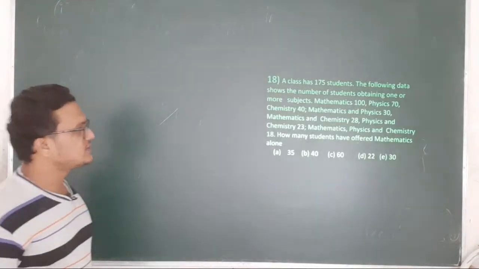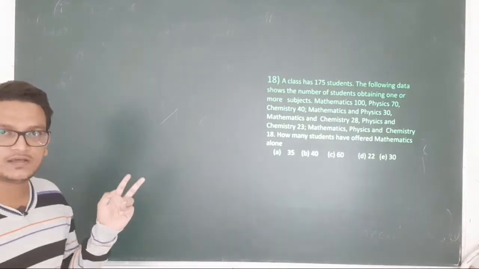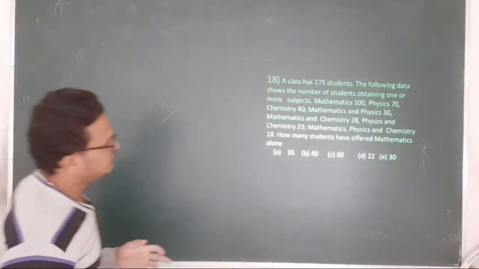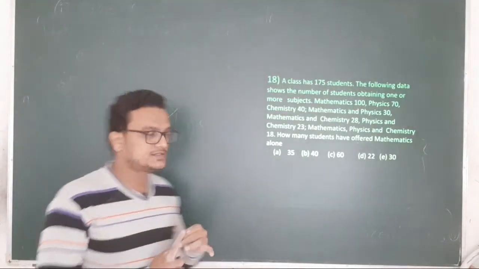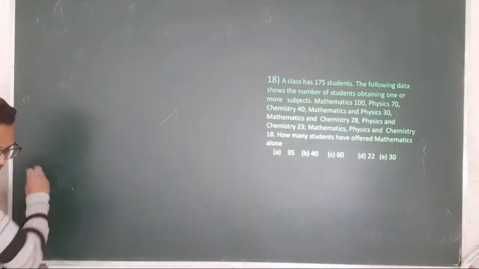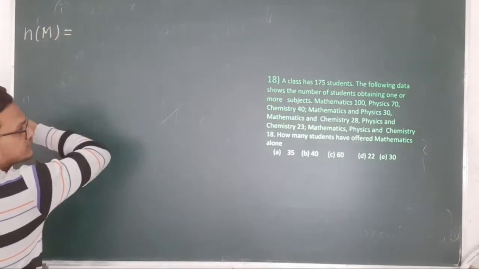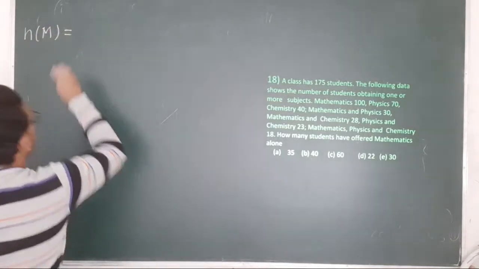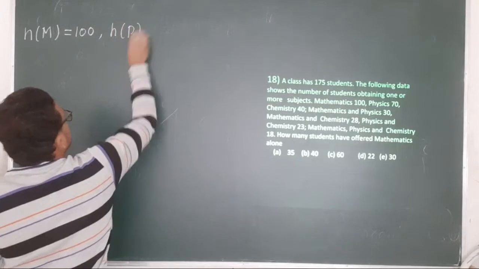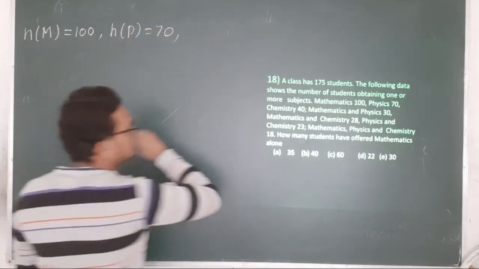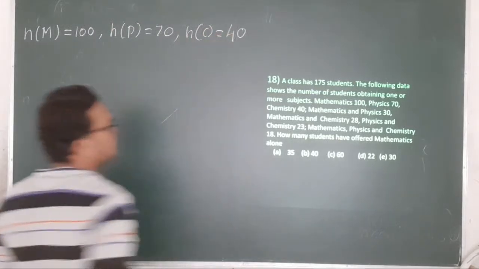Now first of all, go on writing the given things. As usual, we'll assume mathematics as M, physics as P, chemistry as C. So n(M), mathematics, 100. n(P), physics, 70. n(C), chemistry, 40.